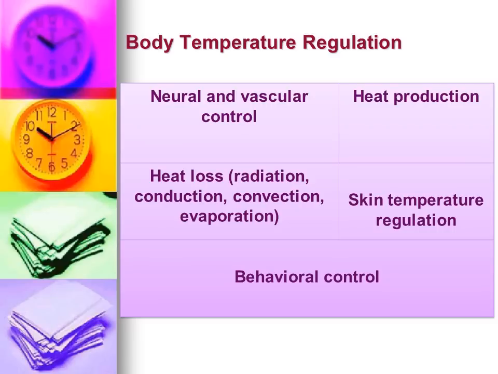Behavioral control depends on a person's ability to control body temperature through the degree of temperature extremes, the ability to sense comfort or discomfort, processes or emotions, the person's mobility or ability to add or remove clothing. In summary, thermoregulation constitutes the physiological and behavioral mechanisms that regulate the balance between heat loss and heat production.